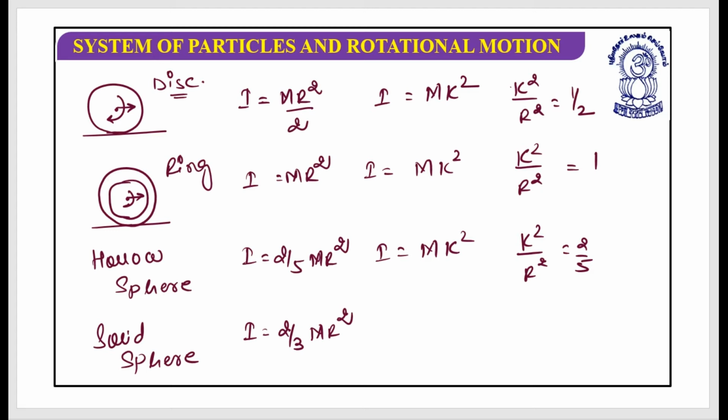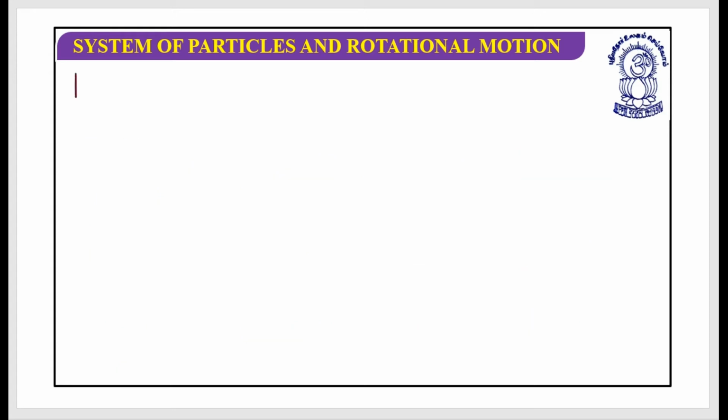So it depends on us from where we observe this and which diameter we have chosen. So I equals m k square, and for that k square by r square should equal 2 by 3. Yes, let's write it down for the hollow cylinder.